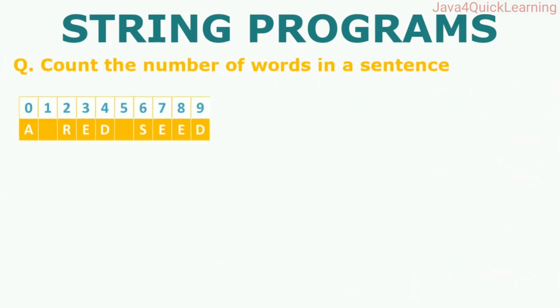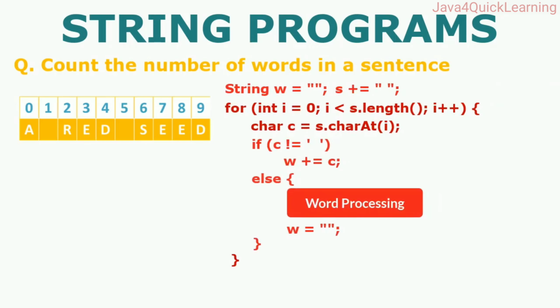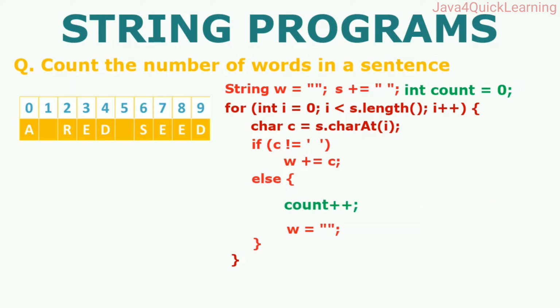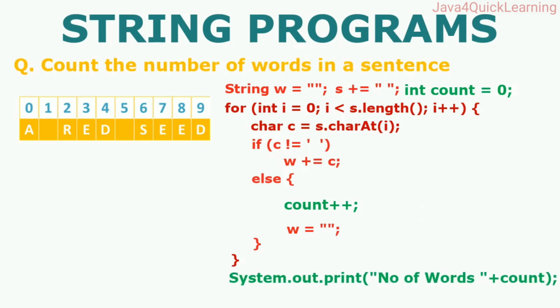Now, instead of printing, you could get count programs, like the program to give the number of words in a sentence. Here again we will take a template. We will initialize a count variable outside the loop. We will increment it every time we get a word and we will print it once we have traversed the entire string.